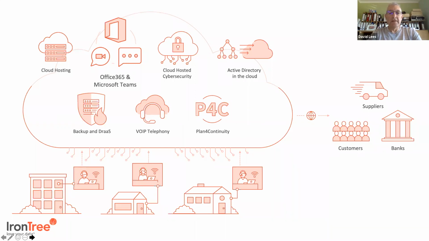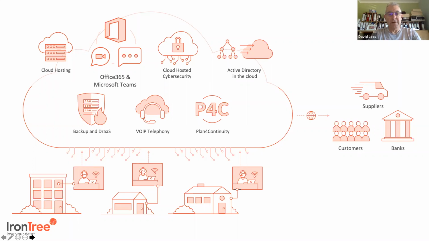And really this is about moving as much of your business into the cloud as possible. Obviously you can't move people into the cloud, but you can create an environment much like we have at Irontree. What you're looking at is a depiction of what Irontree is doing at the moment: our entire workforce is sitting at home, whether in a house or an apartment block.